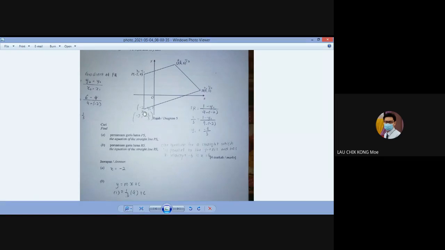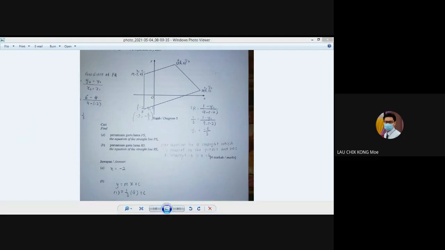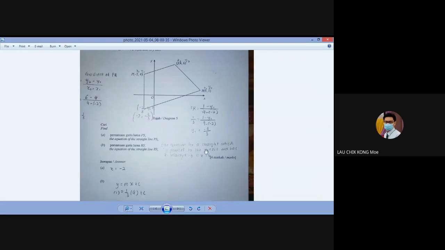On the line RS, the coordinate is 9, 1. So we need to use 9, 1, and the gradient we find from PQ. We don't have a gradient from RS, but you are given that PQ and RS are parallel. Parallel means they have the same gradient. So you can find the gradient for PQ.